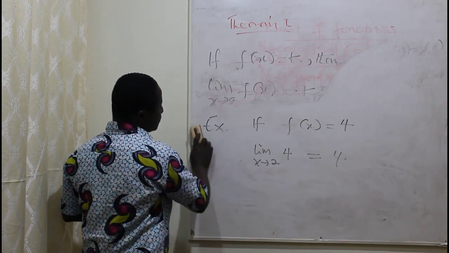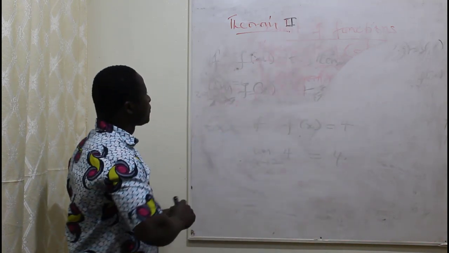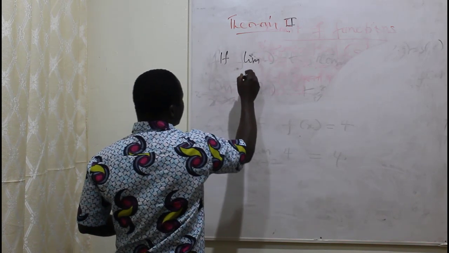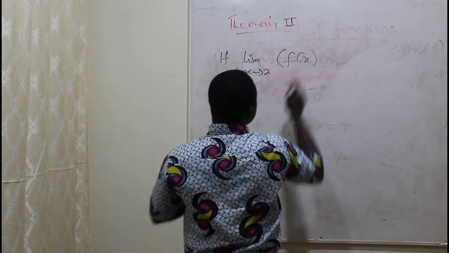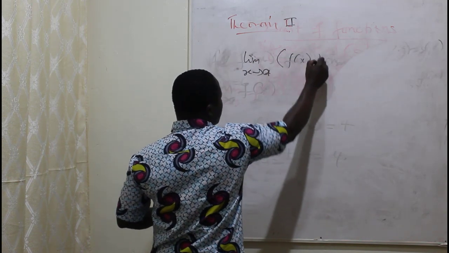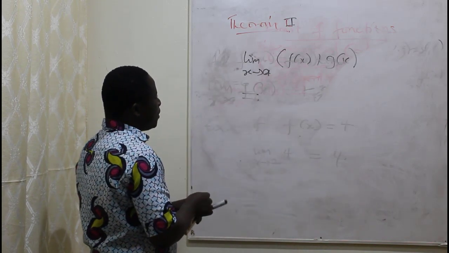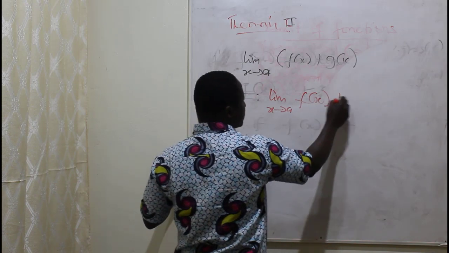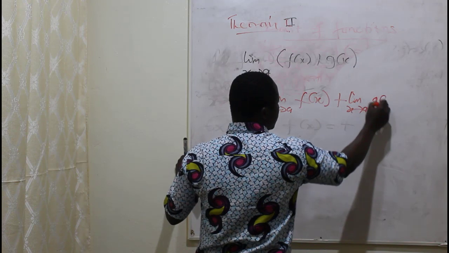Let's move on to the second theorem, Theorem 2. The limit as x approaches a of f of x plus g of x is always equal to the limit as x approaches a of f of x plus the limit as x approaches a of g of x.